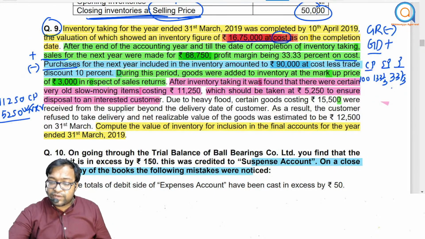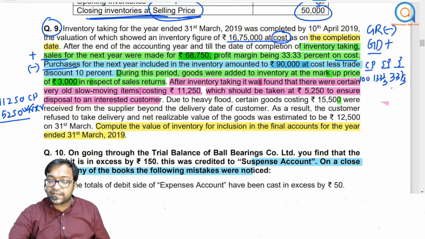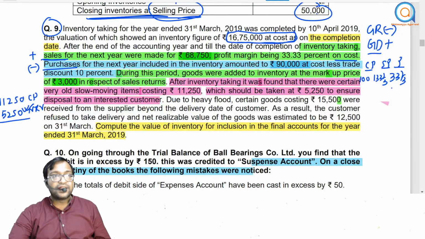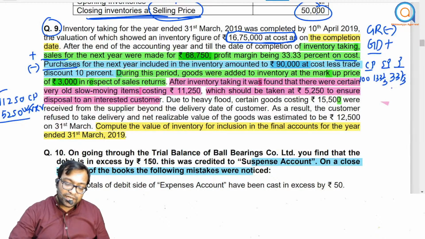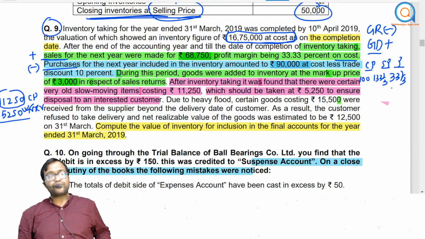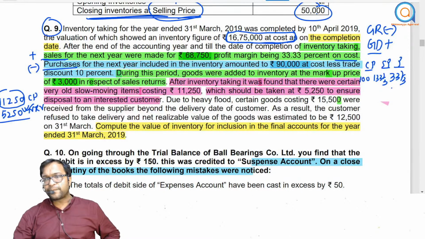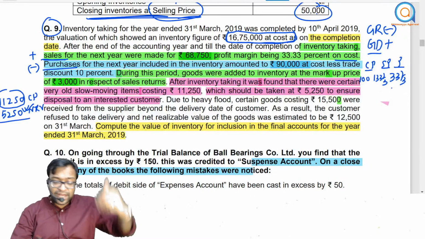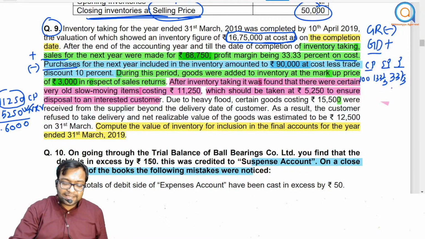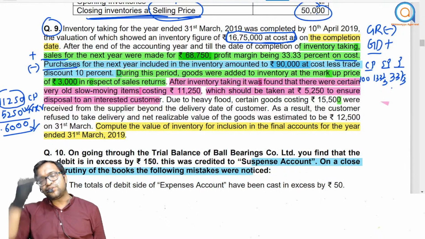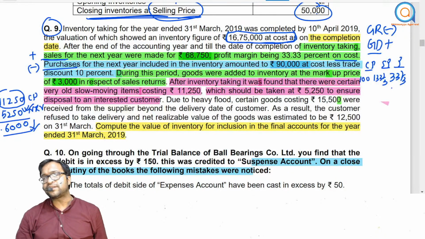But when you have done the stock taking, the value of the goods is 16,75,000 and you have included the cost in it. Means you have included 11,250. But you should include 5250, because NRV is lower. That means how much extra you have included? Answer is 6,000. So you should reduce your stock by 6,000.